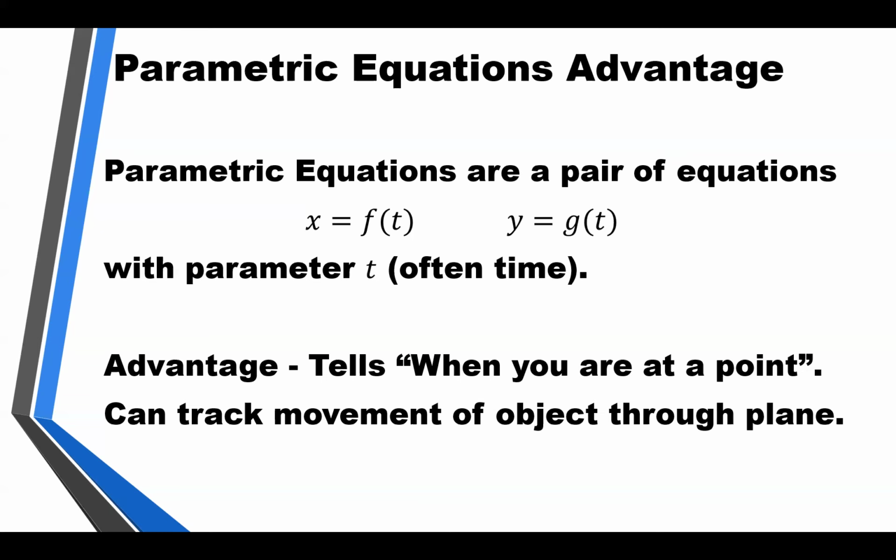It tells us when we are at a specific point on the graph: where the point is on the graph, and also when we are there. And this allows us to track movement of an object through the xy-plane.